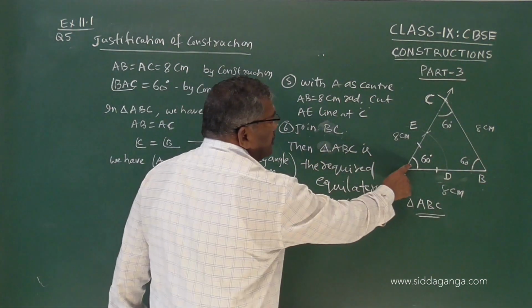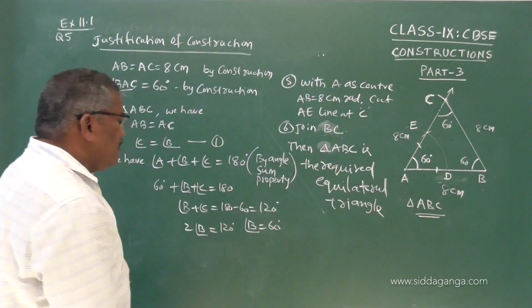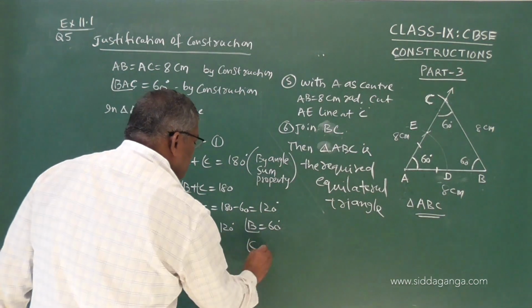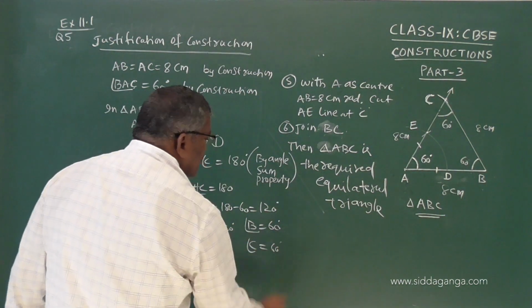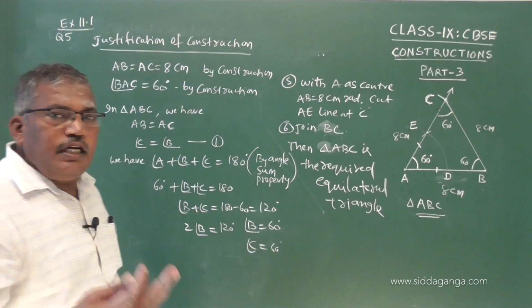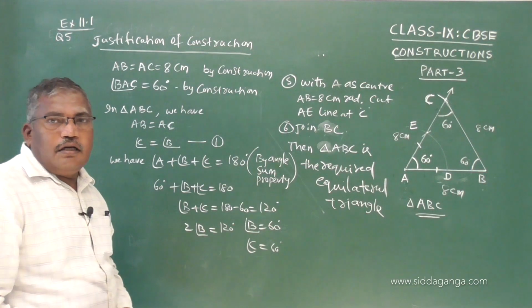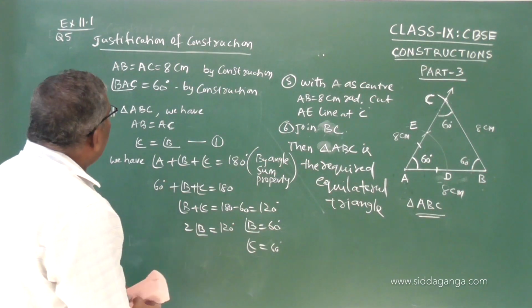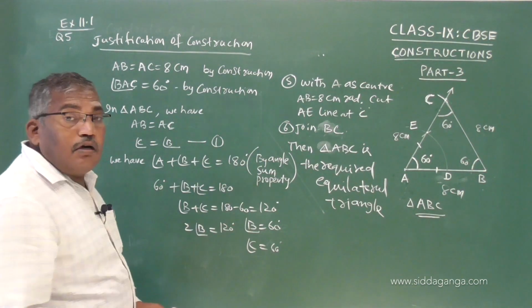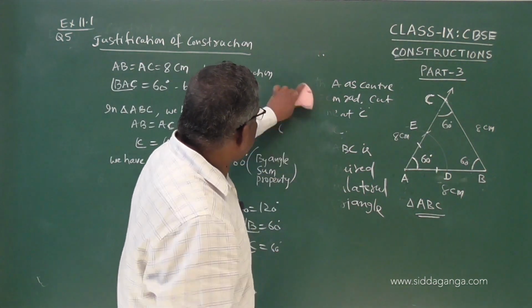So B is 60 degree, therefore the third must be 60 degree. So C is equal to 60 degree. All three angles are equal. When all three angles are equal, the three sides will be equal.